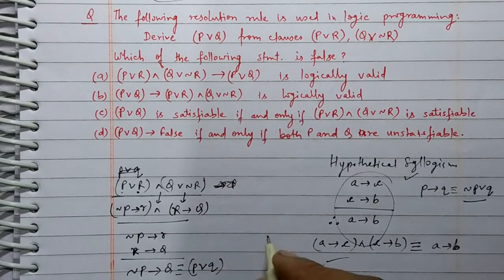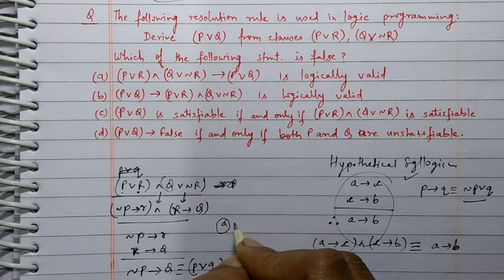RHS is P or Q. So option A is logically valid.